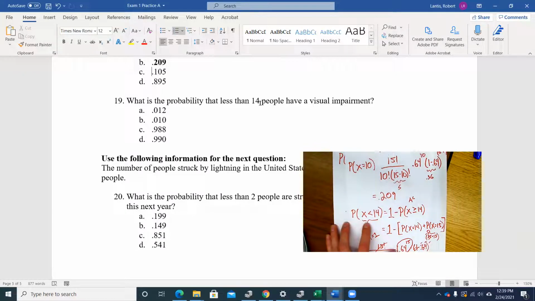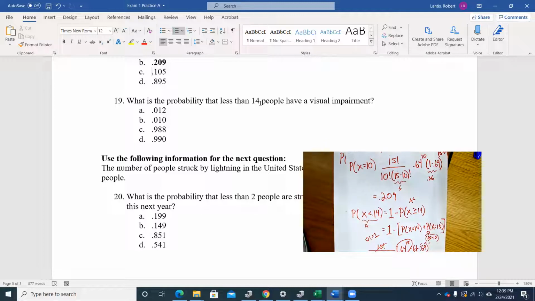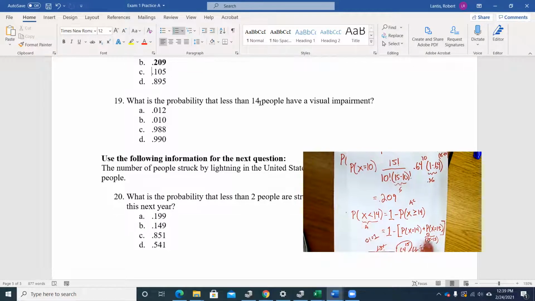This includes all of the most likely outcomes, 9 and 10, really close to the mean, then 8 and 11, the next closest, 7 and 13, and all of the values below 7, 0 through 6. So it includes most of the outcomes, and the most likely ones. The only outcomes it didn't include were 14 and 15, which are pretty far away from that mean. So right away, we should be thinking this is going to be pretty close to 1.